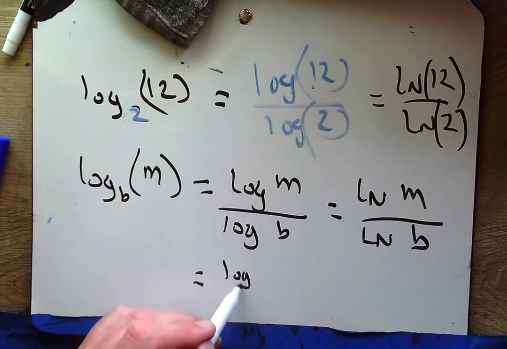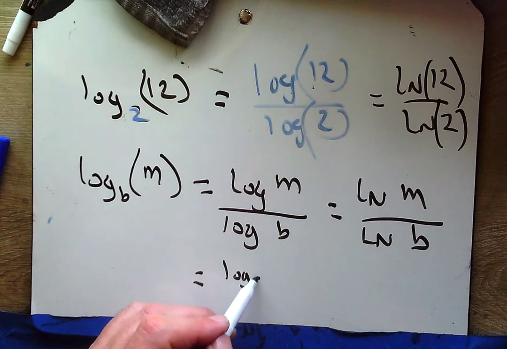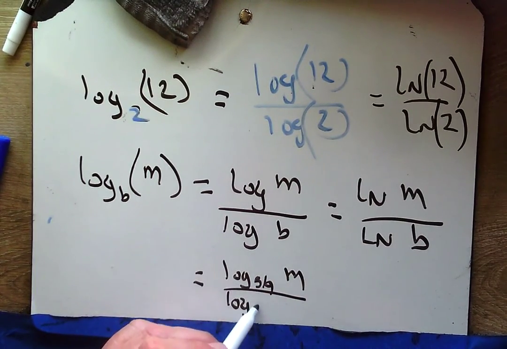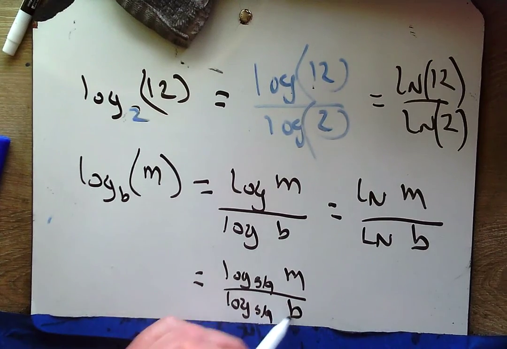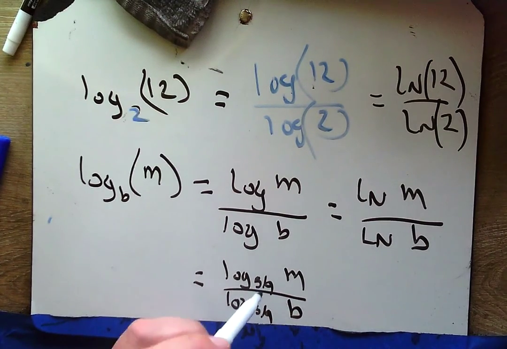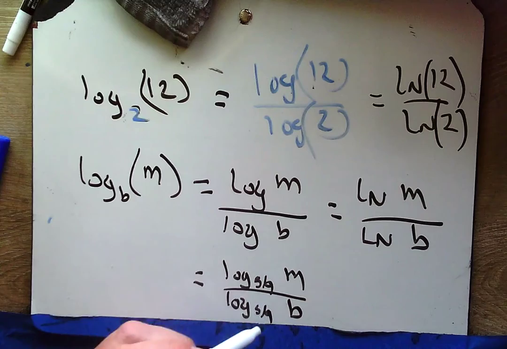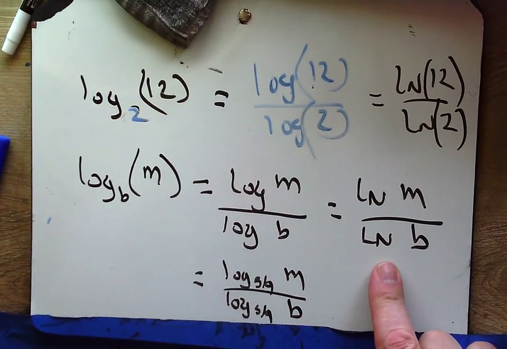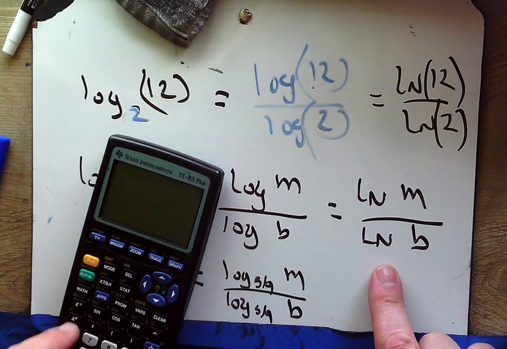Yes, you could do log base 5/9 of m over log base 5/9 of b. But I've never seen someone do that except to be querulous. So these are the two most common because those are the buttons on the calculator.